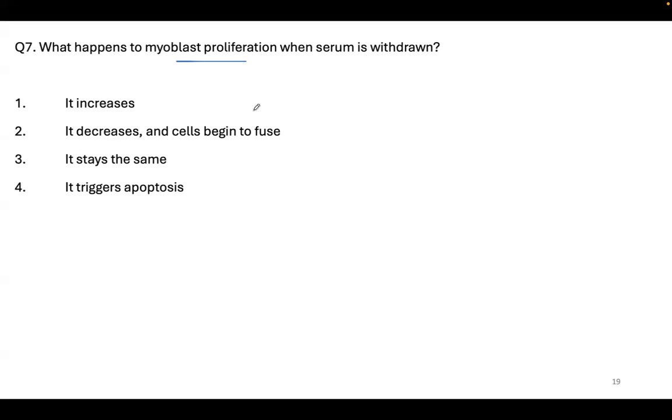So yes, the proliferation decreased, and then your cells began to fuse. So proliferation does not increase when serum is withdrawn. Proliferation does not stay the same. And apoptosis is programmed cell death, so cells are not dying when serum is removed. They just stop dividing. Their division decreases, but they do something else, which is fusing. Okay.